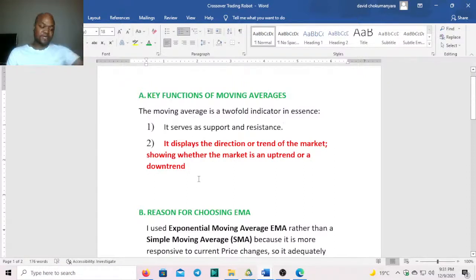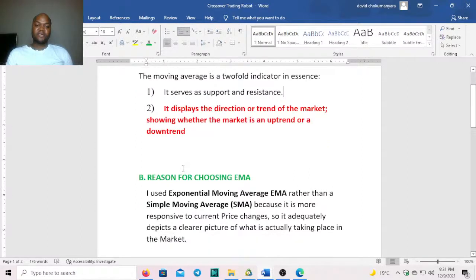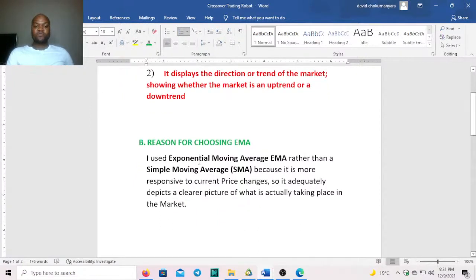There are different methods that are used to calculate the moving averages. I'm going to justify the reason why I'm using EMA, exponential moving averages. I've used exponential moving average rather than simple moving average or linear weighted moving averages, because the exponential is more responsive.